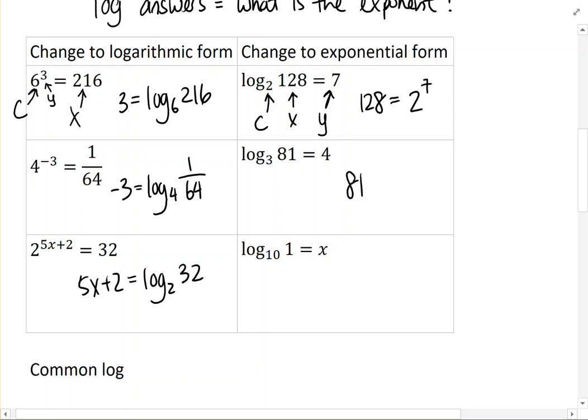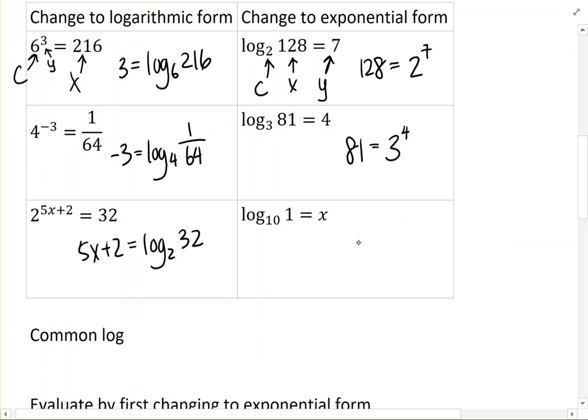Here we have 81 equals our base to the 4. And the third one here is 1 equals 10 to the x.